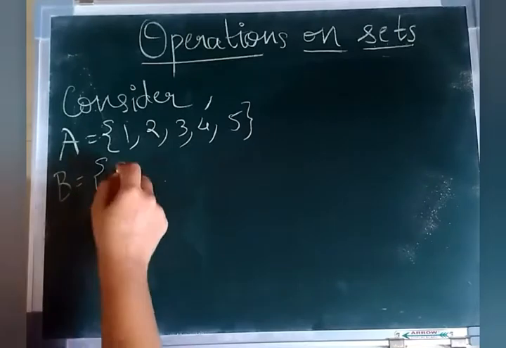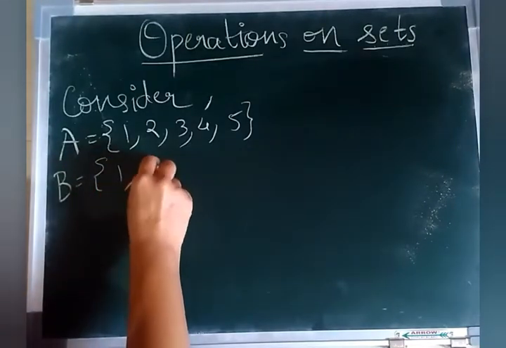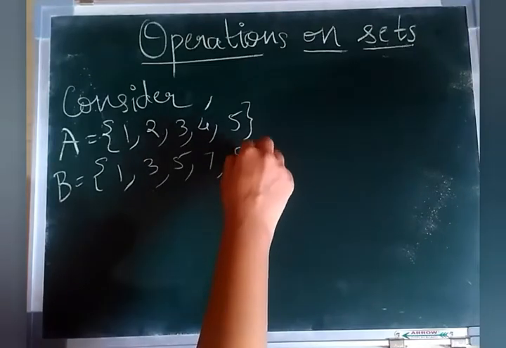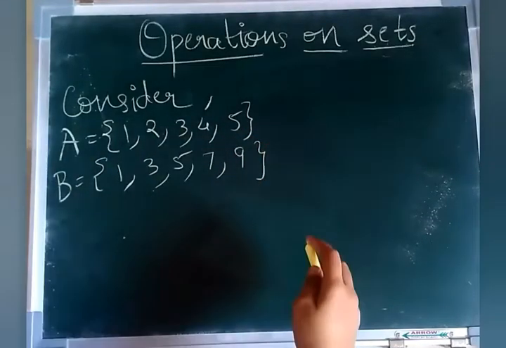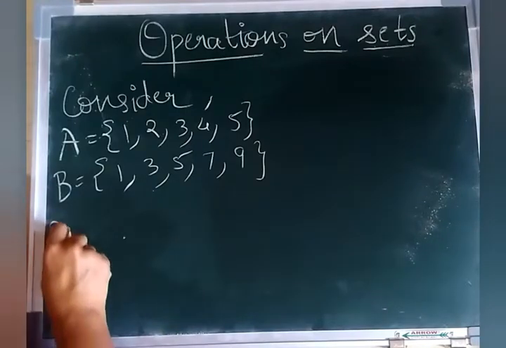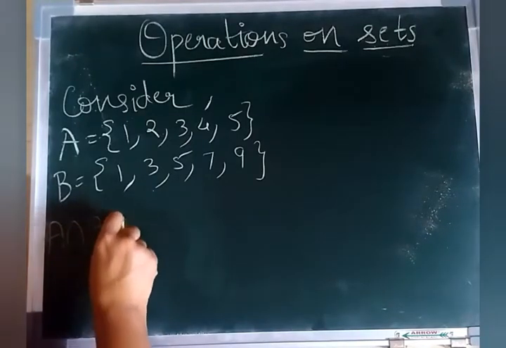Set B is equal to 1, 3, 5, 7, 9. Okay, so what will be A intersection B?